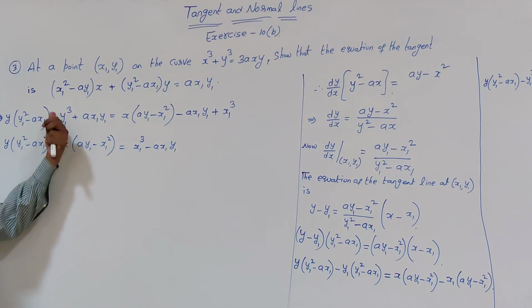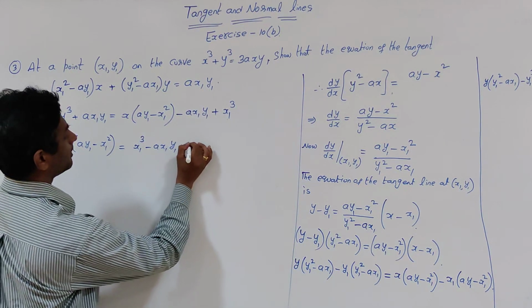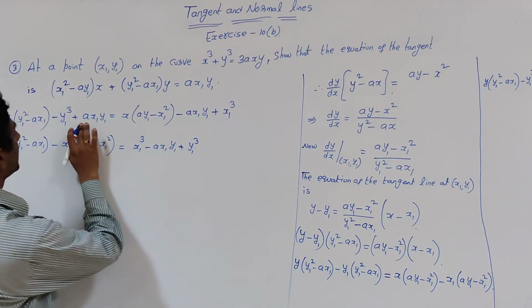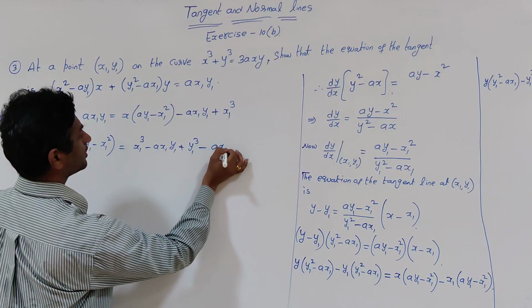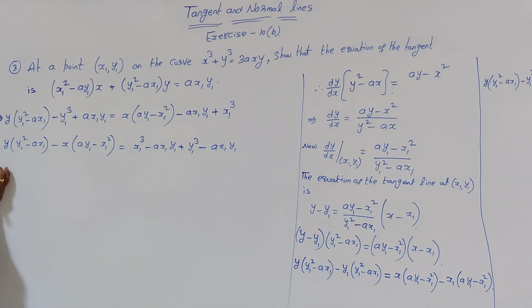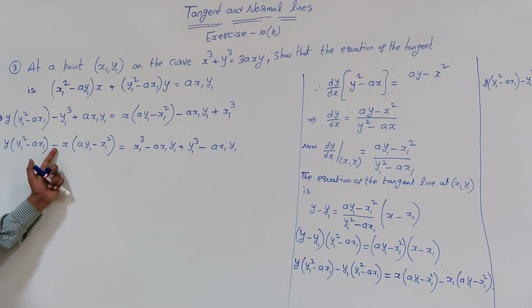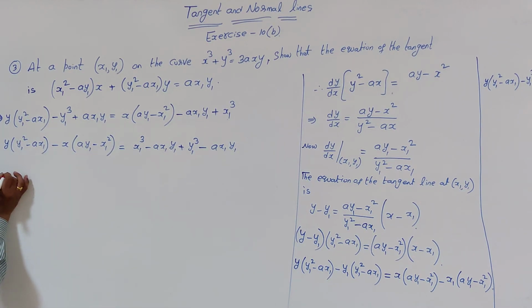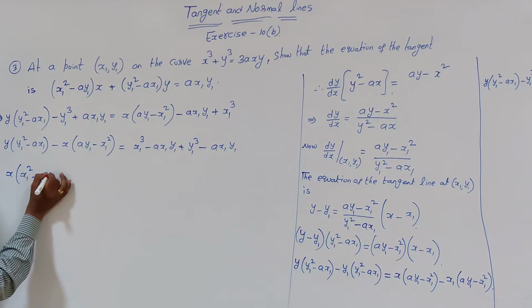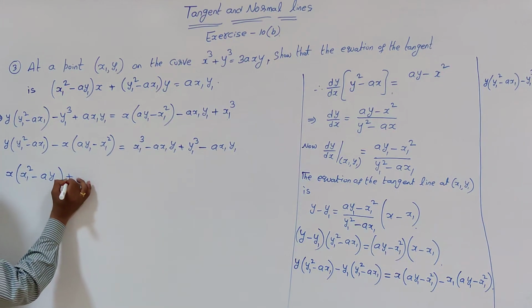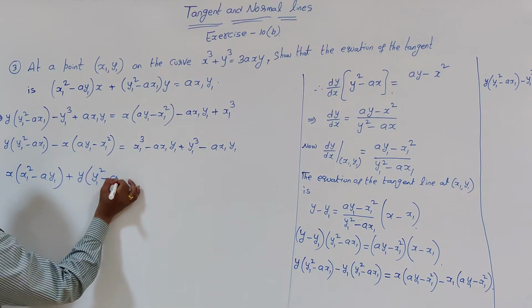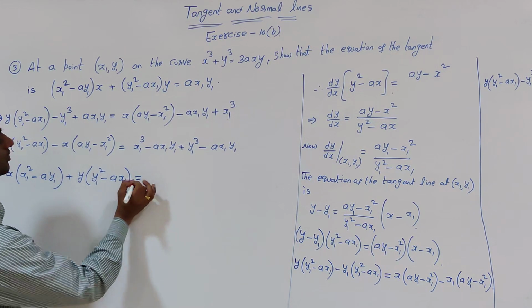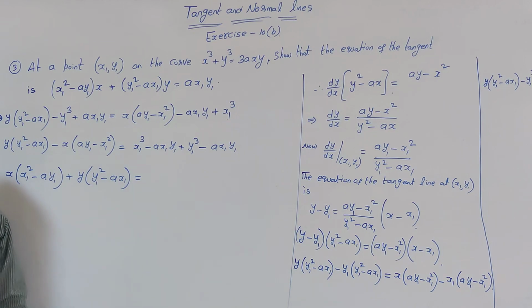Take minus y1 cube to the right hand side, plus y1 cube, and as there is a plus a x1 y1, take it to the right hand side, minus ax1 y1. Now take this minus inside, so it will be x times x1 square minus a y1 plus y times y1 square minus ax1 is equal to x1 cube plus y1 cube.